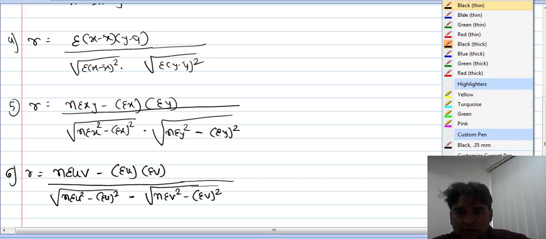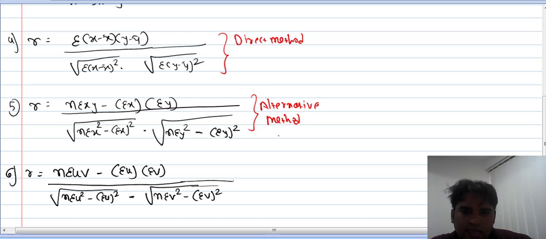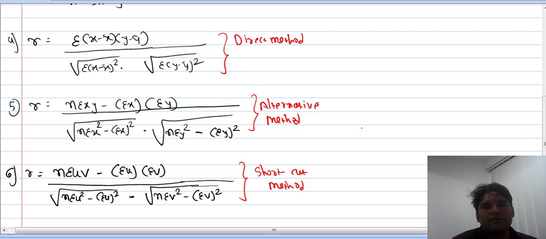Now the fourth method is known as the direct method of Karl Pearson. The fifth method is known as the alternative method, and the sixth method is known as the shortcut method, right?